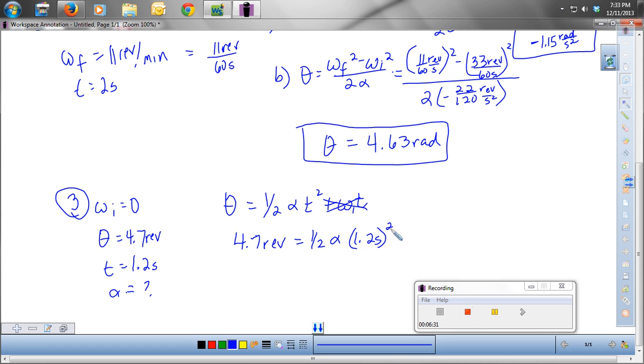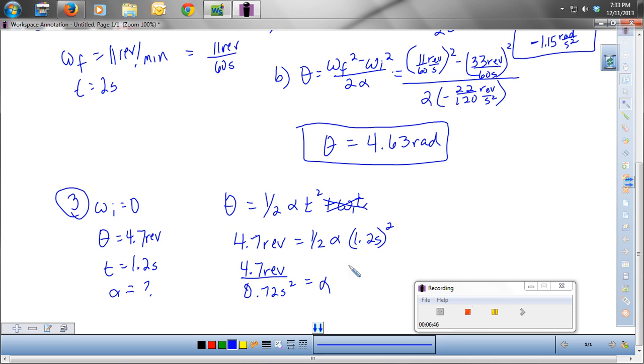Don't forget to square your time. That's 1.44. Half of that is 0.72. So what I'm really going to have is 4.7 revs divided by 0.72 seconds squared for my alpha.